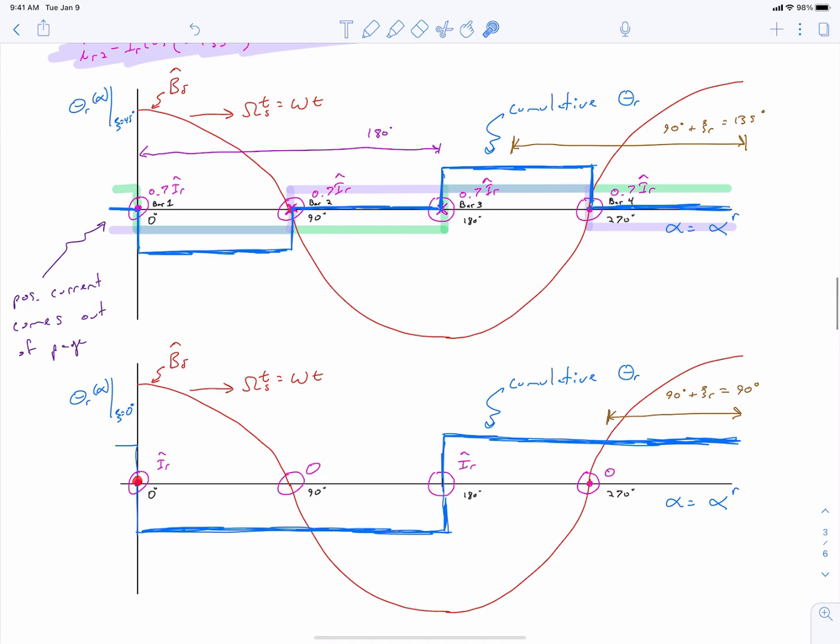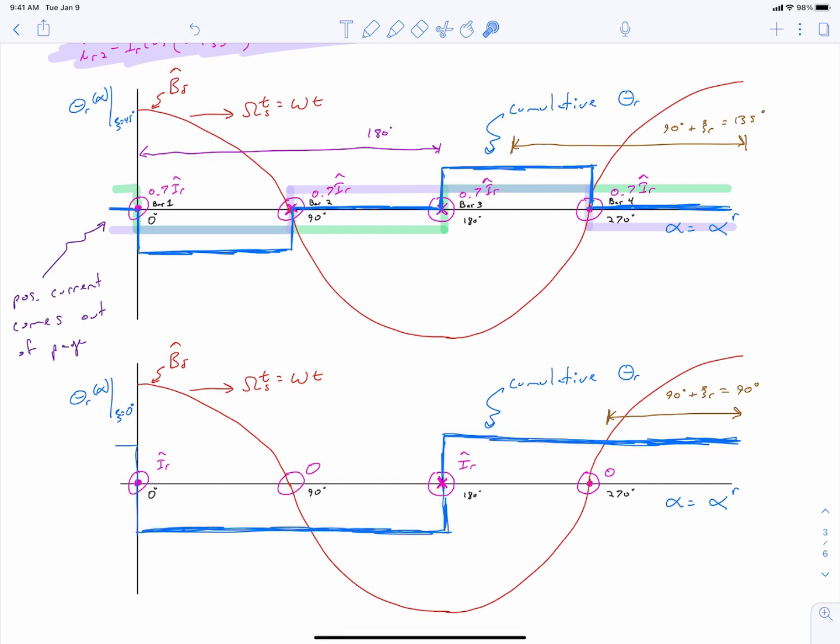And again on here, I've sketched our rotor bars and the location they're occurring at. You can see that bars 2 and 4 have no current, but bar 1 and bar 3 have current, and so we again get a two-pole field that looks quite different, with lots of harmonics.